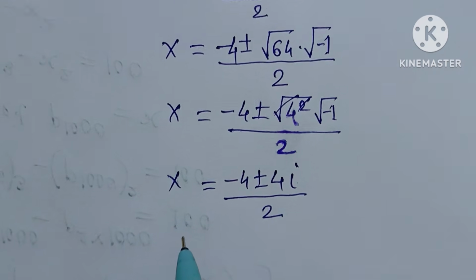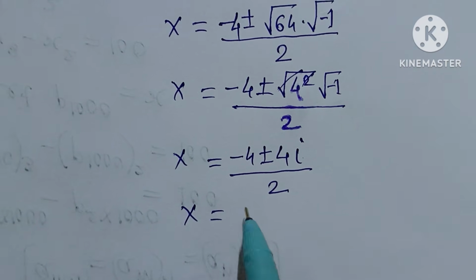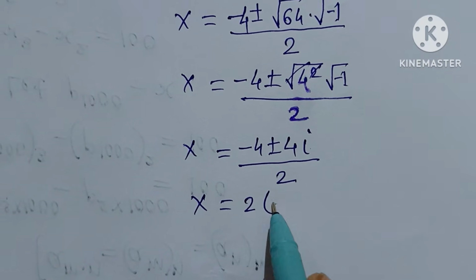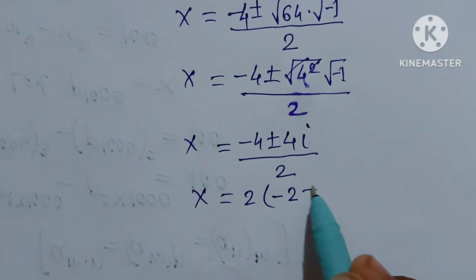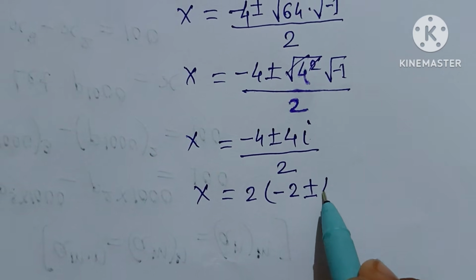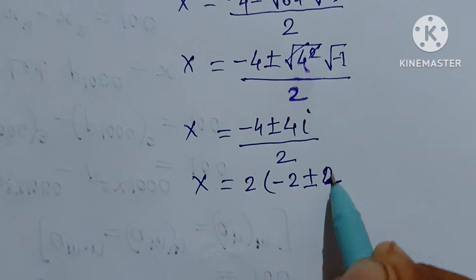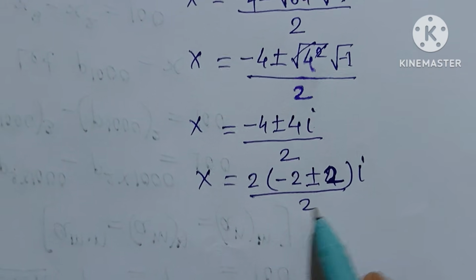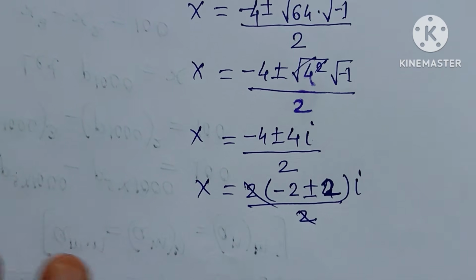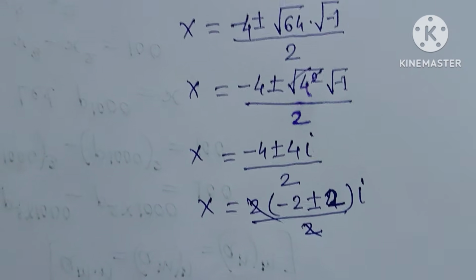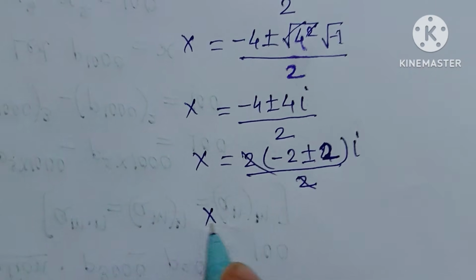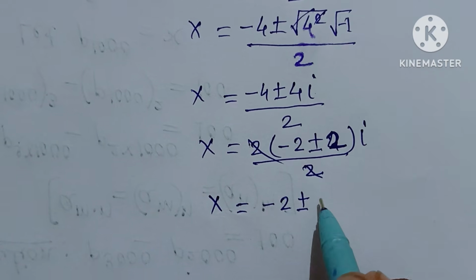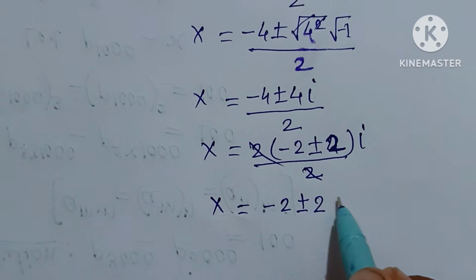Now we will take 2 common, so x equals 2 times (-2 ± 4i) divided by 2. The 2 will be cancelled. x equals -2 ± 2i.